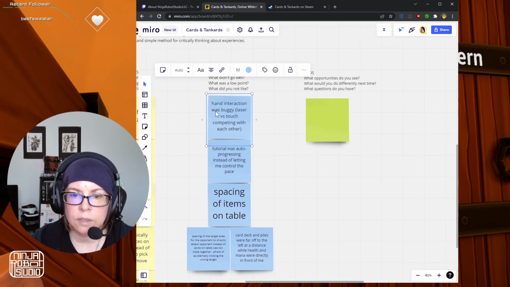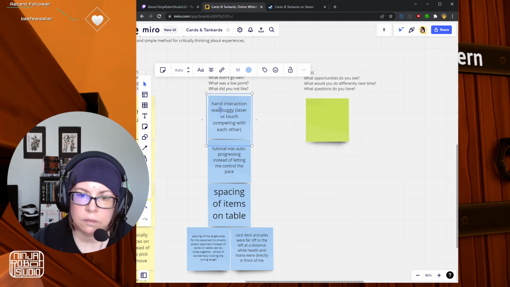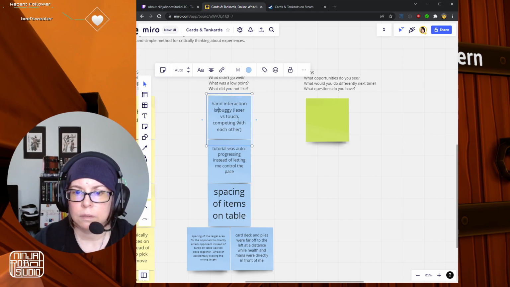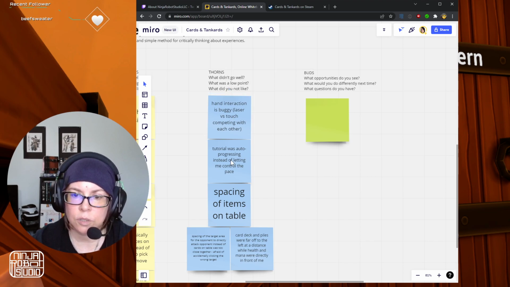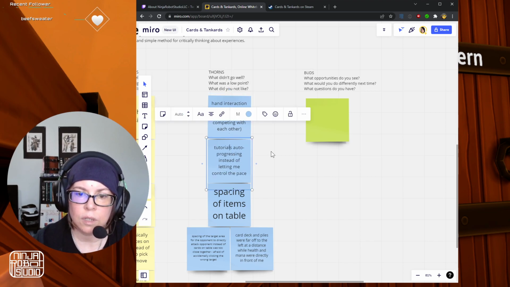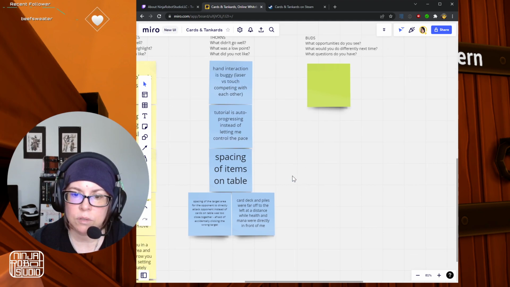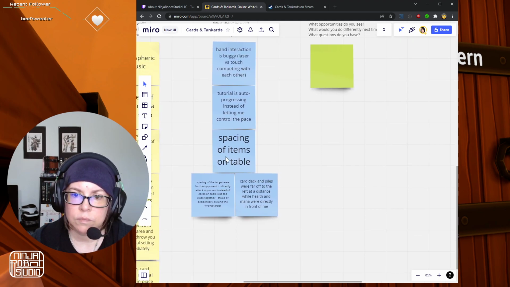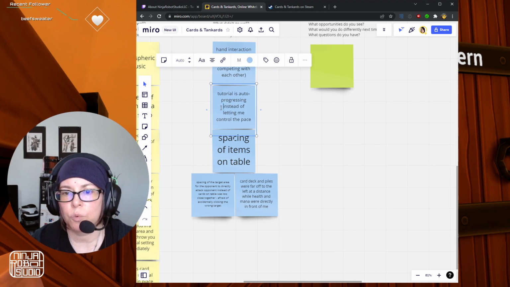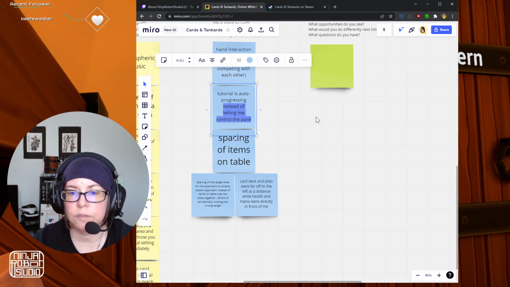So the hand interaction is buggy. Competing against each other. The tutorial is auto-progressing instead of letting me control the pace. I need to just say why that's an issue, probably, instead of adding the bud there. I messed up.